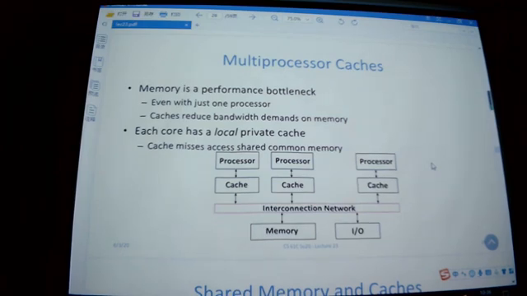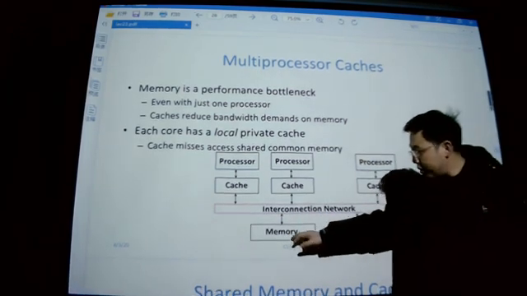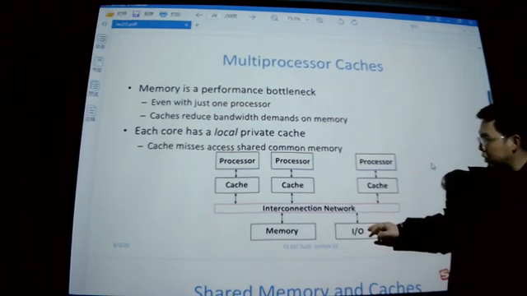Each core has a local private cache. Cache misses access the shared common memory. This is the interconnection network, this is memory, and this is input and output.